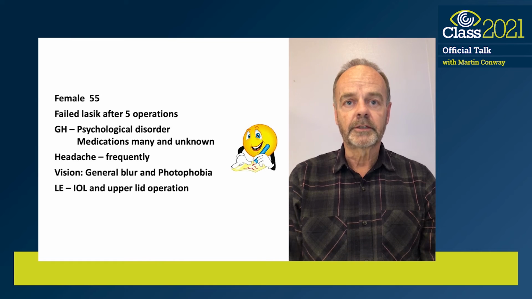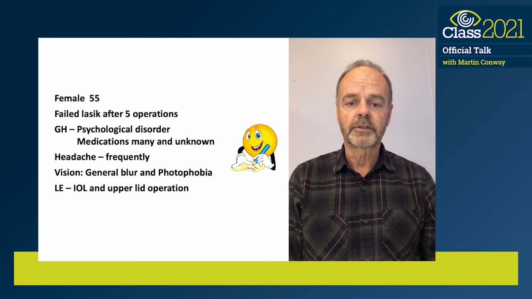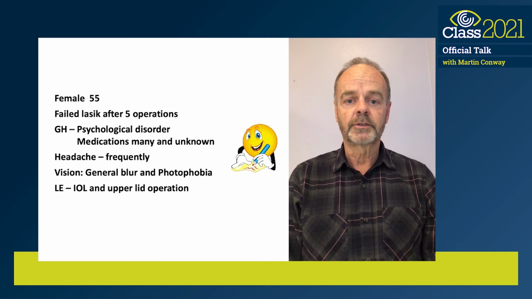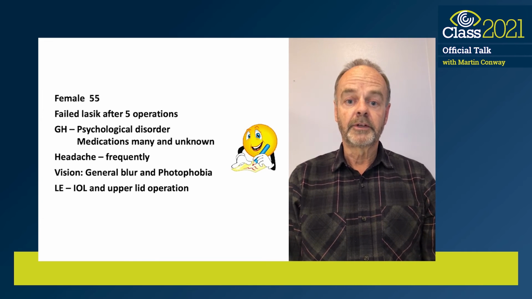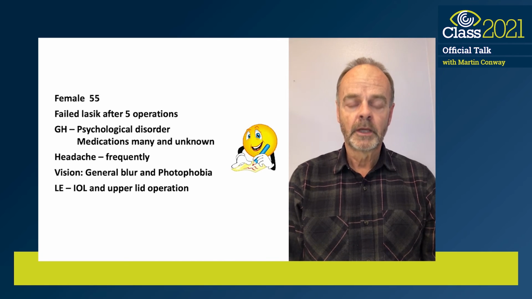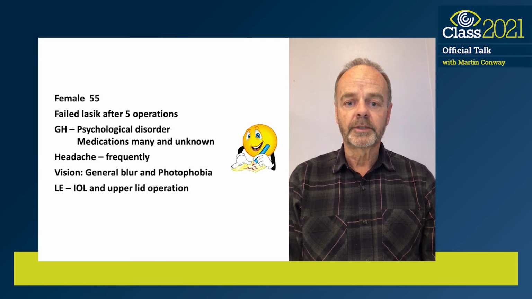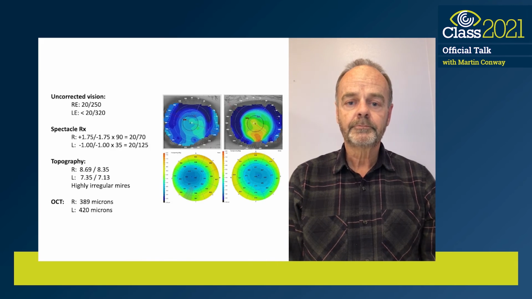She cannot drive at nighttime. So her everyday life is rather restricted and limited, and she certainly didn't have the freedom that she was going for in the first place by going for a LASIK operation. Furthermore, she had cataract operation on her left eye and upper lid operation as well.